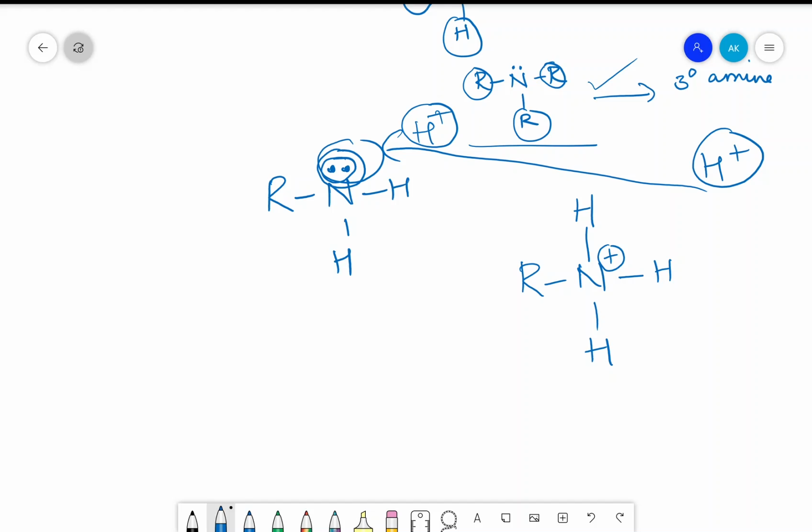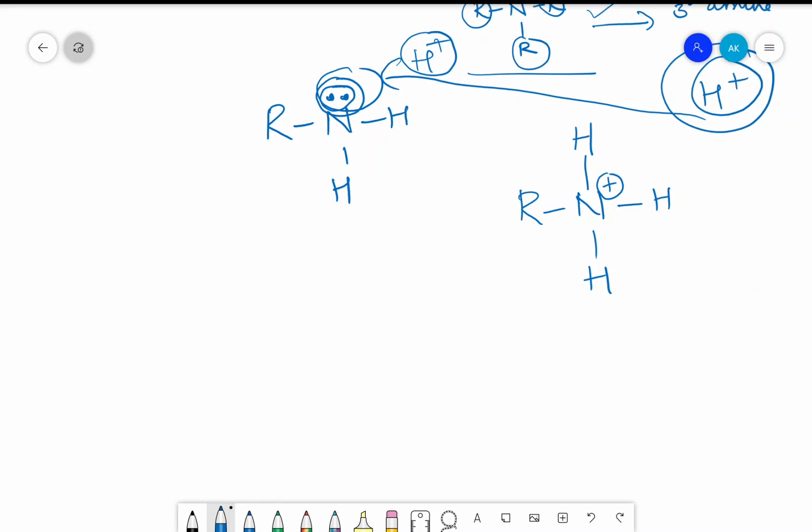So the basic thing you have to remember here is that amines are basic in nature, and what helps them show that basic character is the lone pair of electrons present on the nitrogen. This lone pair of electrons is actually helping in the formation of a new bond with the incoming proton.